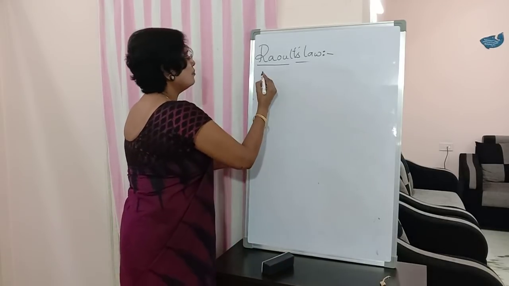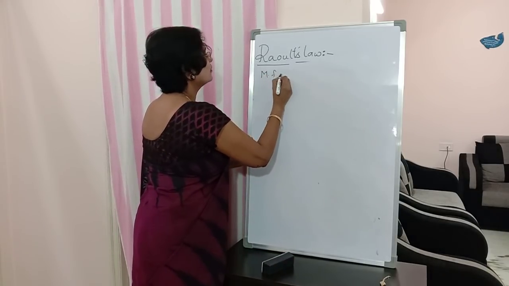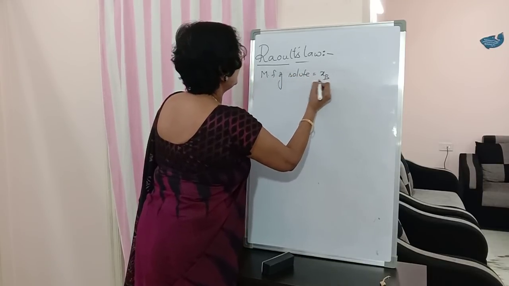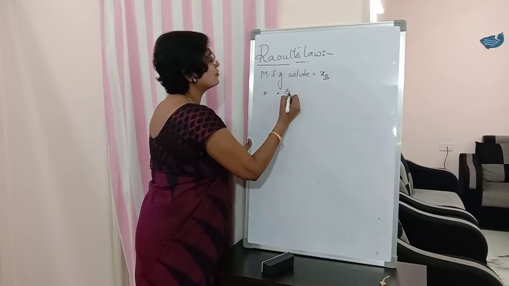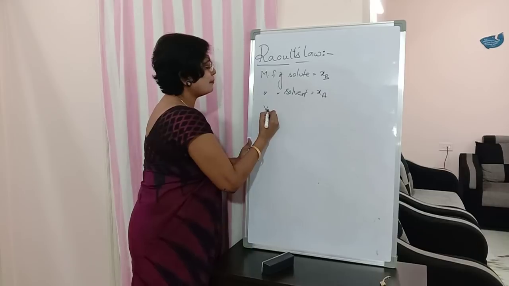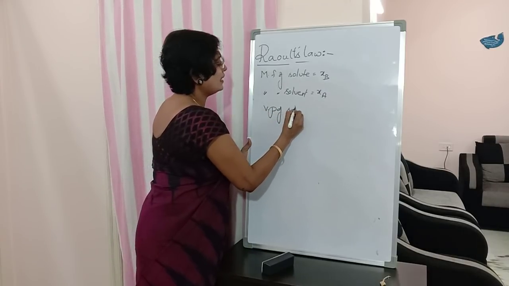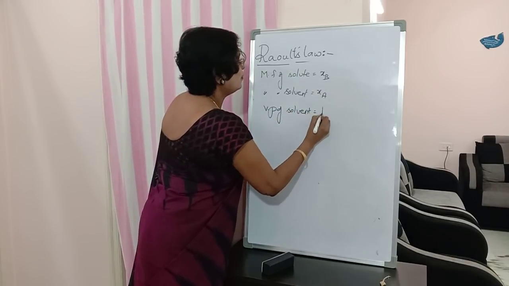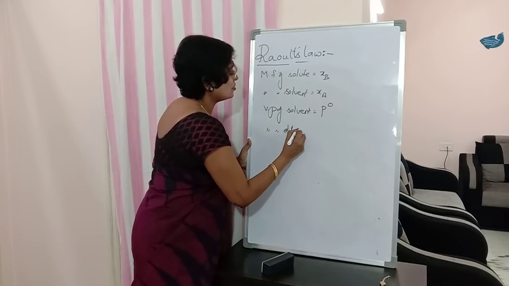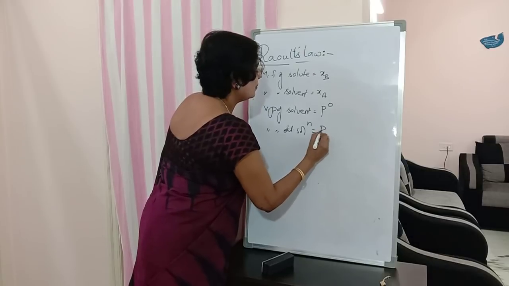So we have taken mole fraction of solute XB, mole fraction of solvent XA. Next, vapor pressure of solvent we have taken P0. Next, vapor pressure of dilute solution we have taken Ps.